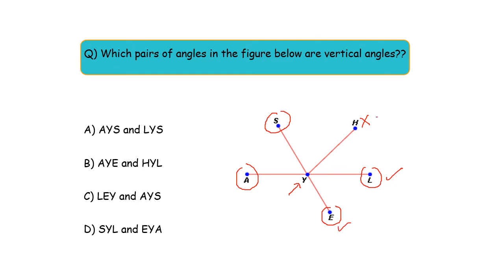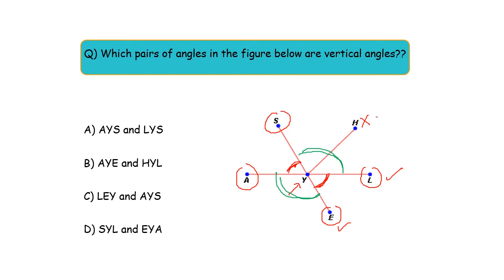So in this, these two are vertically opposite. This one is vertically opposite to this one. Let me use a different color. And this angle is vertically opposite to this angle. Green color is vertically opposite to the other green color, and red is vertically opposite to the other red.